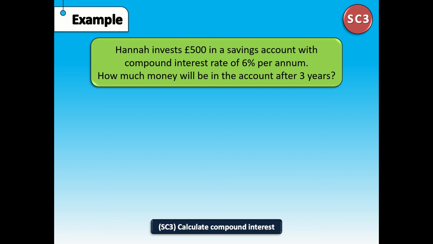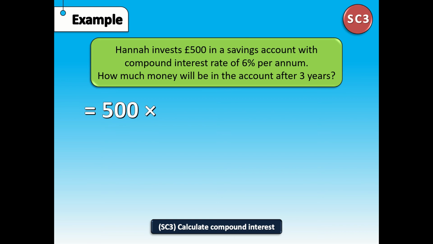So in this example, Hannah invests £500 in a savings account with a compound interest rate of 6% per annum. Remember, per annum just means per year. How much money will be in the account after 3 years?